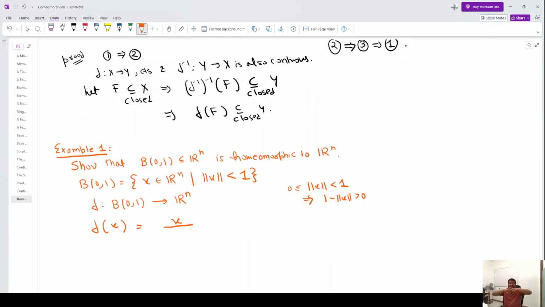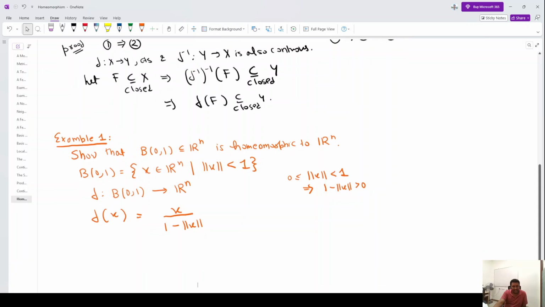And I need vectors in whole Rn. So I want to map it to a point such that if the norm of x is very small, then the point should be comparatively large. So we will just divide x by 1 minus norm x. Note that this is non-zero because norm x is strictly less than 1. So this is a well-defined map, first of all.